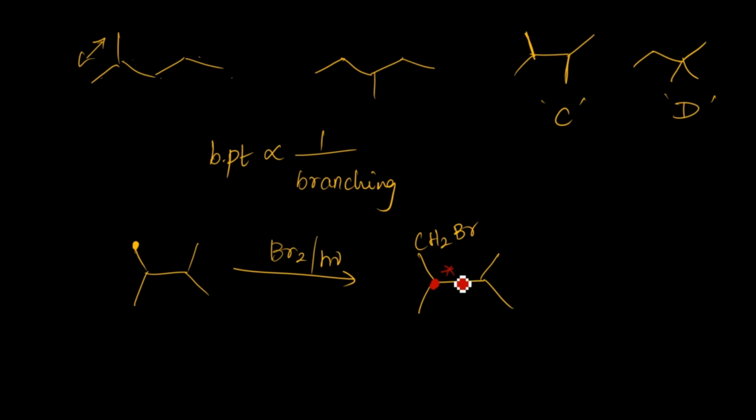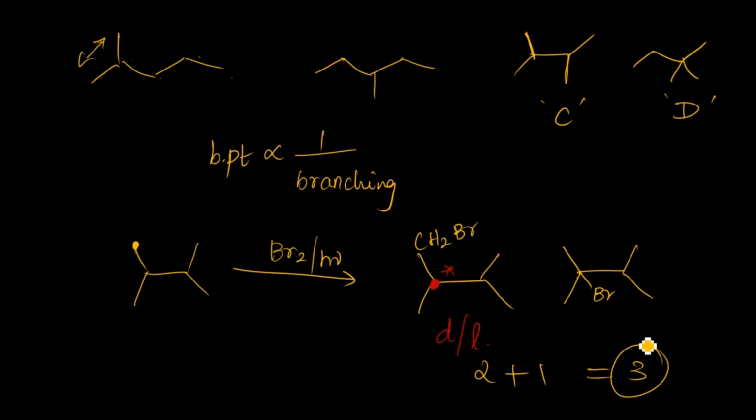So one side CH2Br, another side CH3, another side this big group and H. So this is chiral. D and L isomers are possible for this. And another possibility of attaching bromine is on either of these one carbon. Okay, this is not chiral. So 2 plus 1 equals 3 is my answer. So 3 isomers are possible for the monobromination of C.